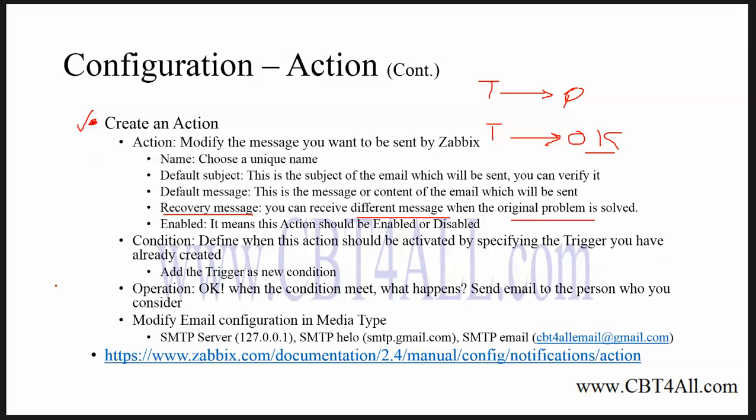And now we should modify the email configuration in media type. Please notice that the SMTP server is itself, it's Zabbix or Ubuntu, so 127.0.0.1 is the SMTP server. We want to use Gmail, so smtp.gmail.com is the SMTP hello, and the email which I want to use for sending email is my email.